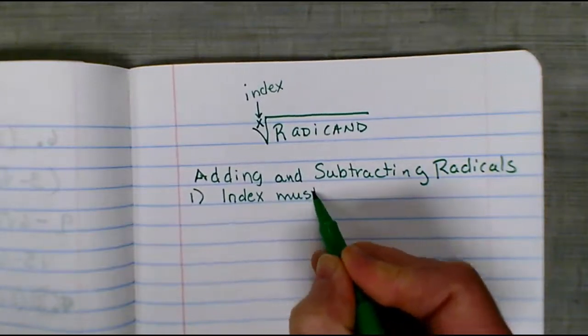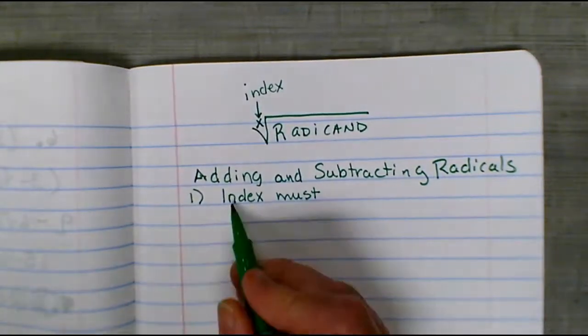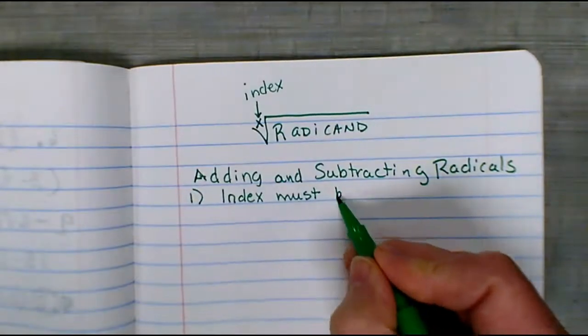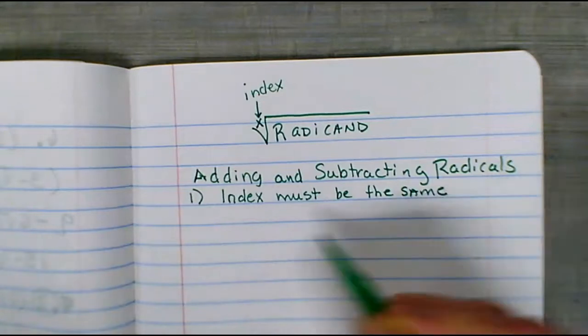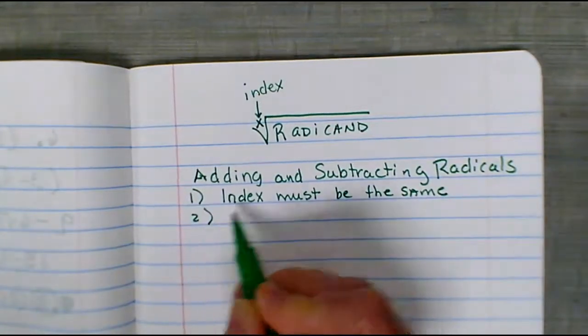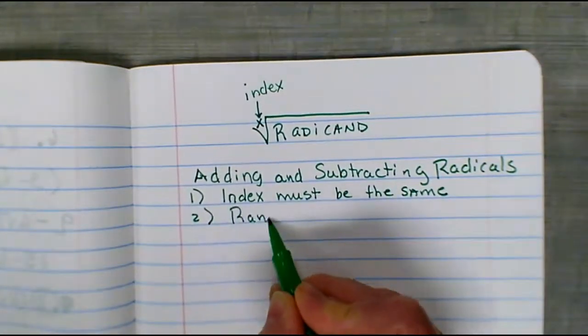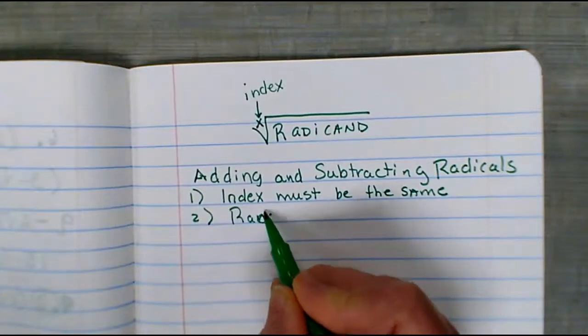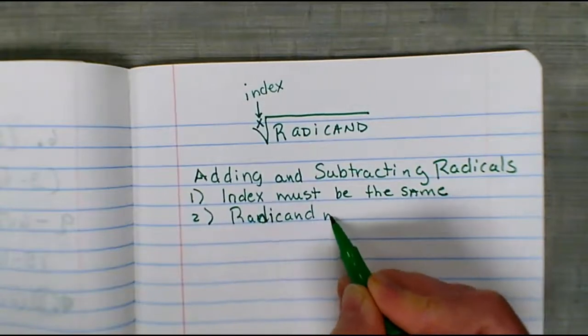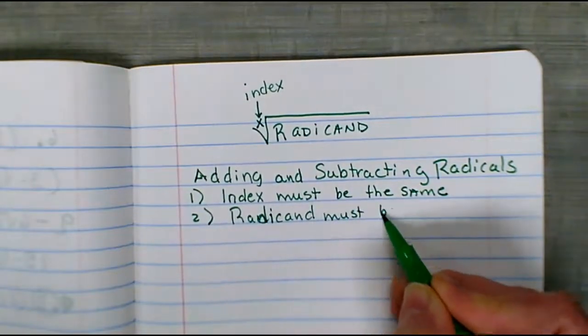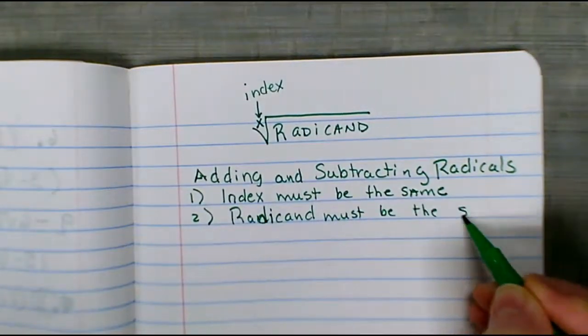You can't add a square root to a cubed root. The index must be the same, and also the radicand must be the same.